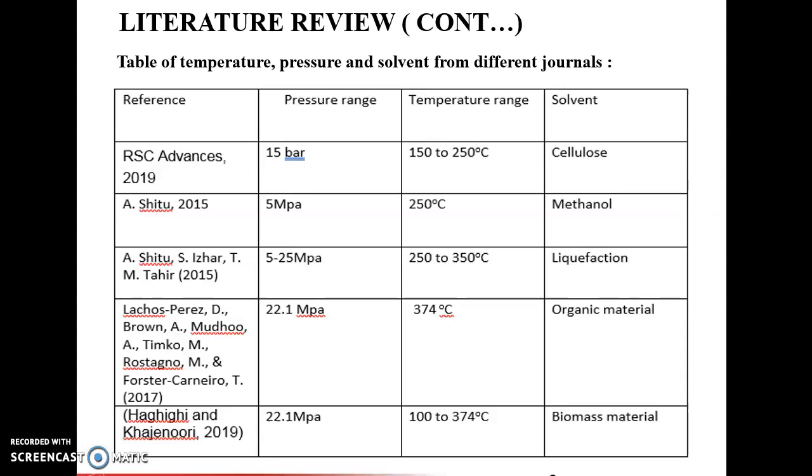This table shows the temperature, pressure, and solvent from different journals.